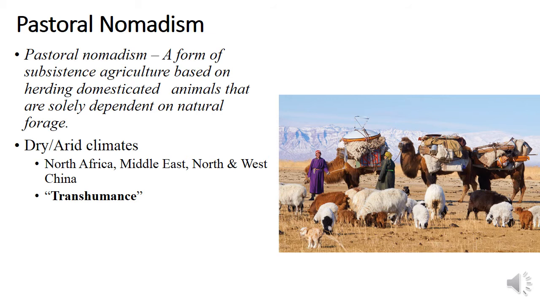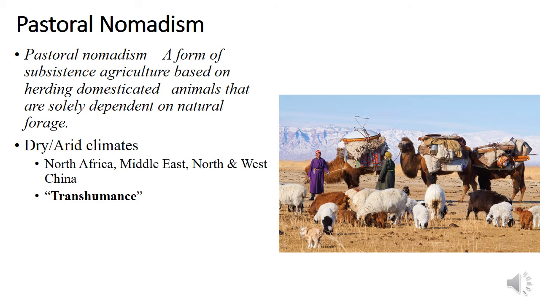And animals can survive in these areas, eating the grass and shrub and stuff like that. It's a way to maximize your land use and take advantage of these areas where normally it wouldn't be very hospitable to human life, but these animals can do well out there. So parts of North Africa, the Middle East, North and West China, Central Asia, Australia, the Western United States. We looked at all those examples on the climate map.